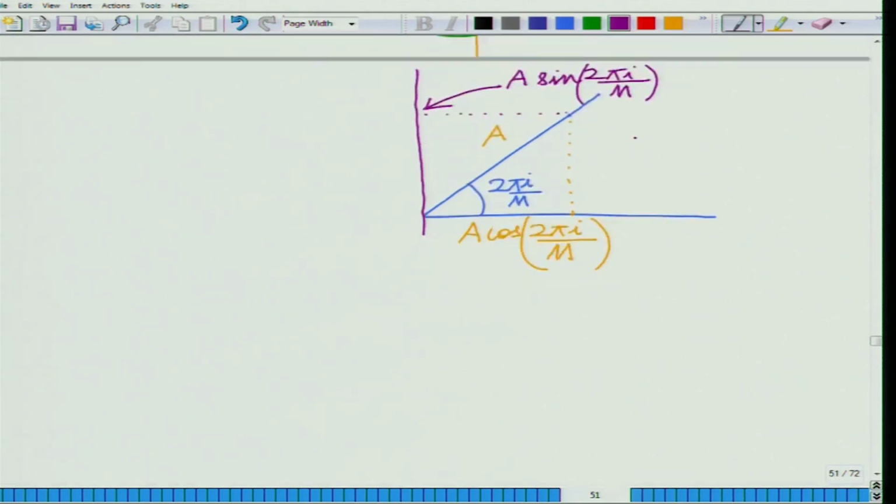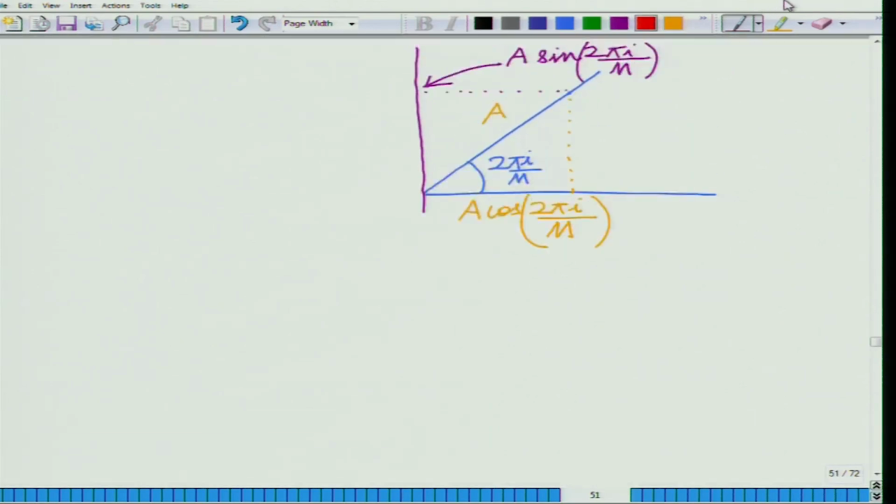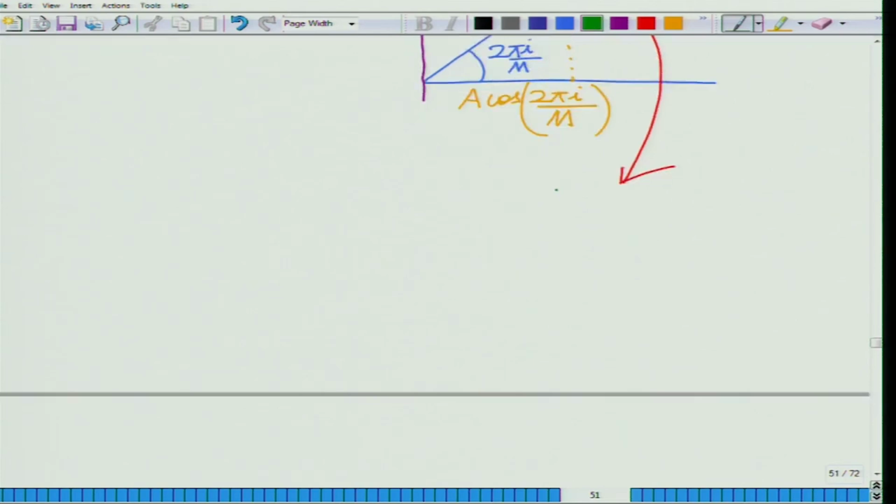So, each constellation point, this is constellation point I, can be represented as a combination of two symbols.